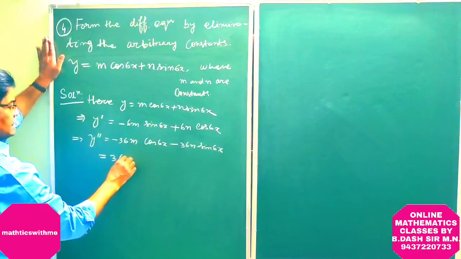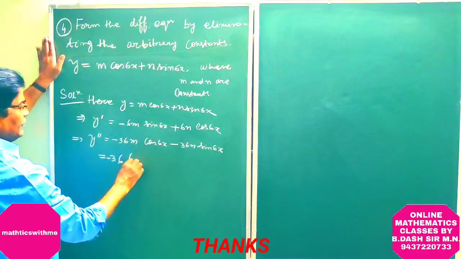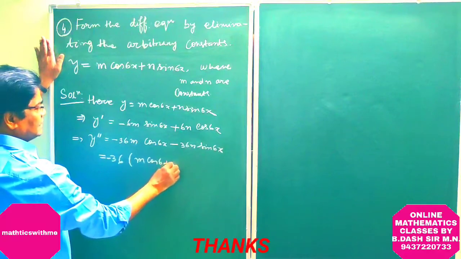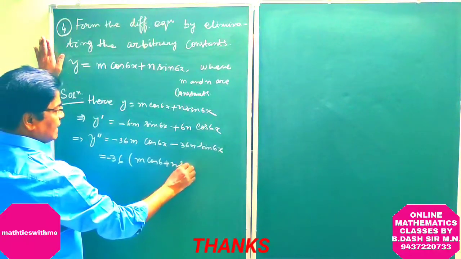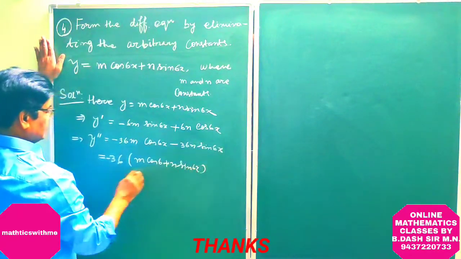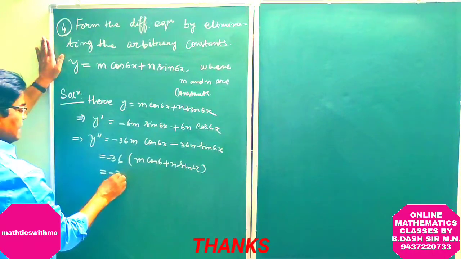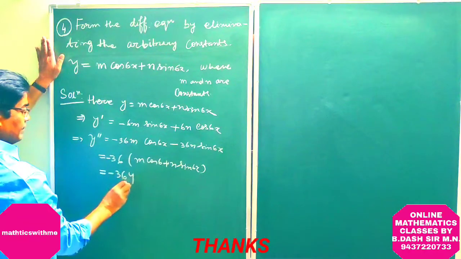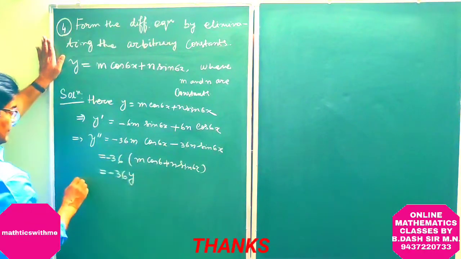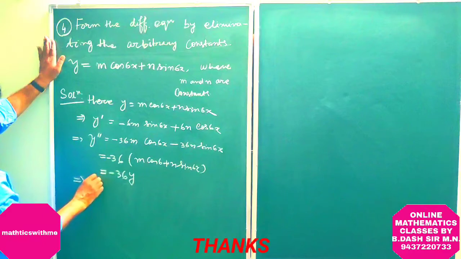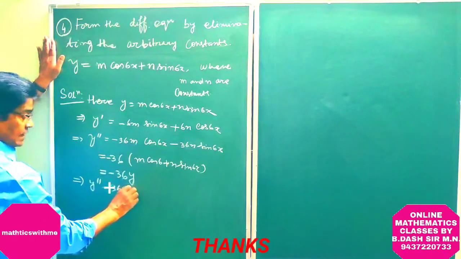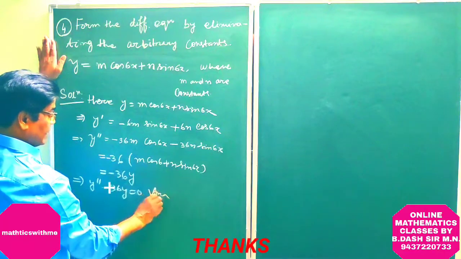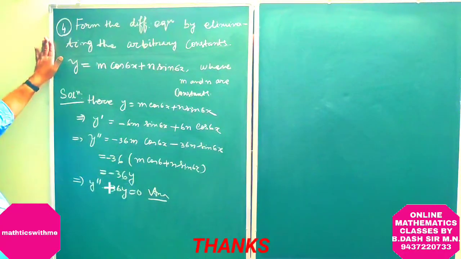Taking minus 36 common, this is m cos 6x plus n sin 6x, so this is minus 36y. So this implies y double dash plus 36y is equal to 0 is the required differential equation.